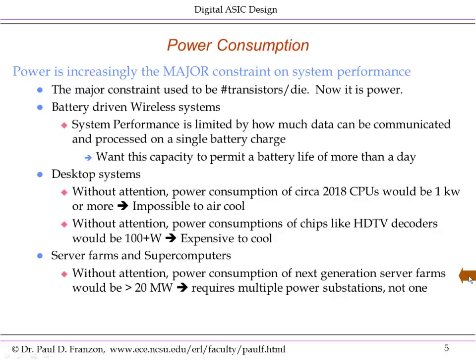In the future, they could take tens of megawatts, which would make it very difficult to even just supply this infrastructure that's needed. So for all these reasons, for all these applications, increasingly power is the constraint on system performance. That is, you keep adding performance till you run out of power, not transistors and clock frequency.